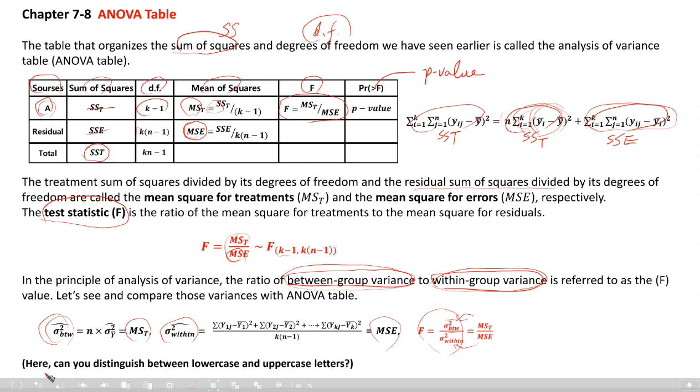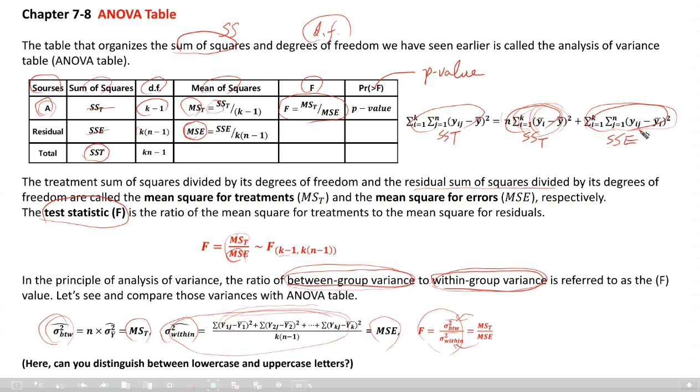And here, can you distinguish between lowercase letters and uppercase letters? These are uppercase letters. Uppercase means random variables. This one is called the estimator of within group variance.